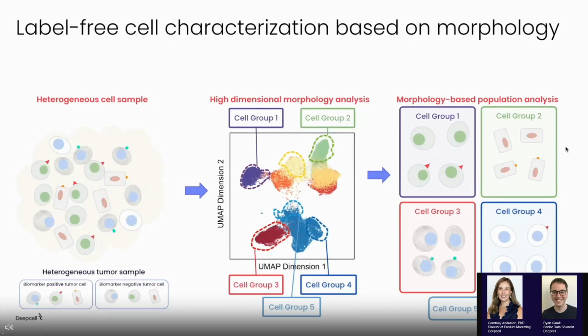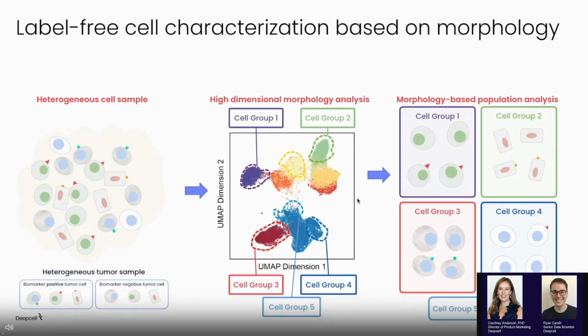Here's the workflow. Using morphology analysis, multiple morphologically distinct cell groups can be identified within both the biomarker positive and the biomarker negative tumor fractions.